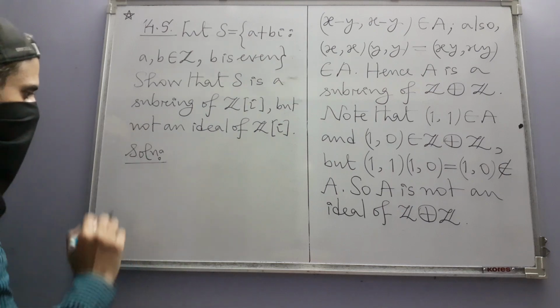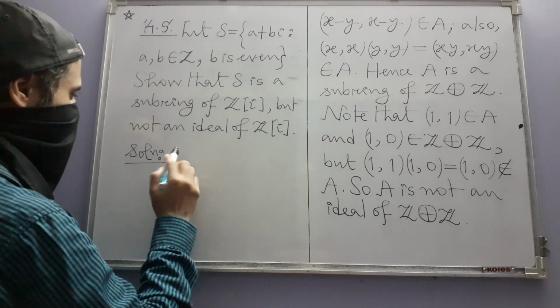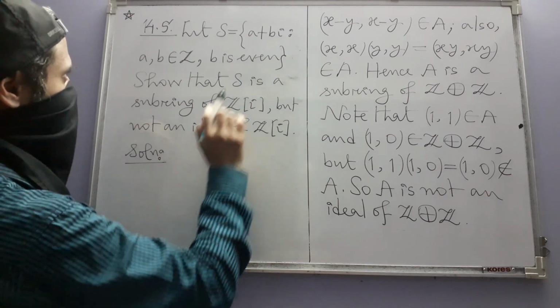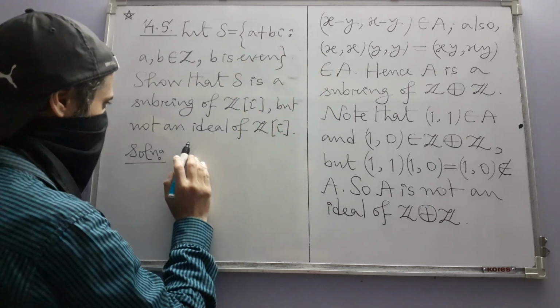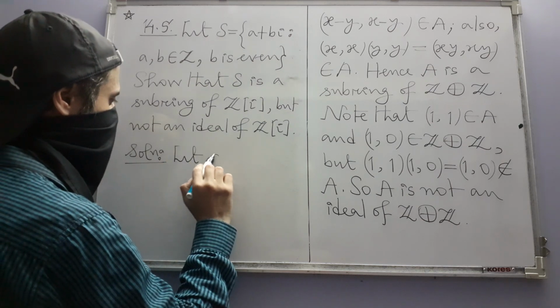So the approach is the same. You consider two elements. S of course is non-empty, one can see that. For example, an element in S would be 1 plus 2i. So S is non-empty. So we straight away consider two elements in S.